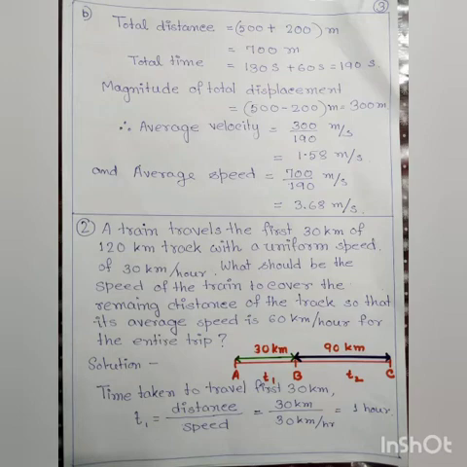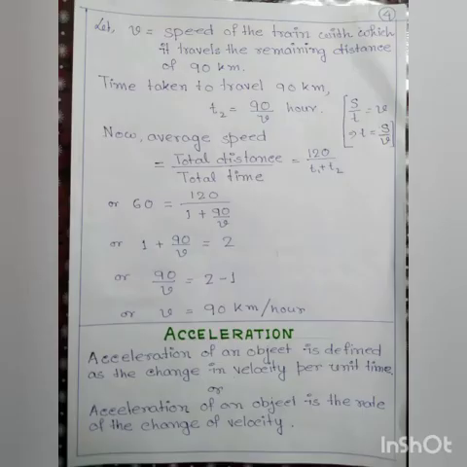Now the total distance given here is 120 kilometers, but the train has already traveled 30 kilometers, so the remaining path is 90 kilometers. For the next 90 kilometers we don't know the speed of the train. Now let us consider v is the speed of the train with which it travels the remaining distance of 90 kilometers.